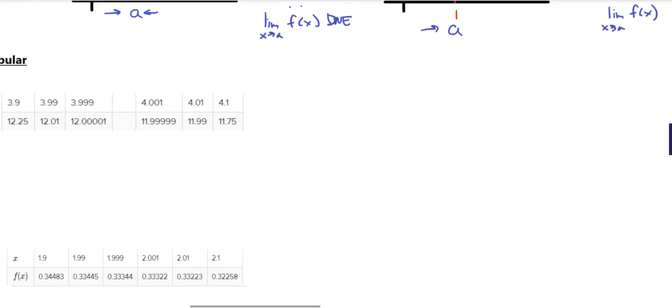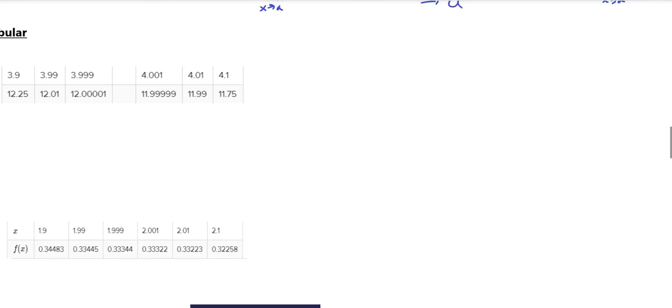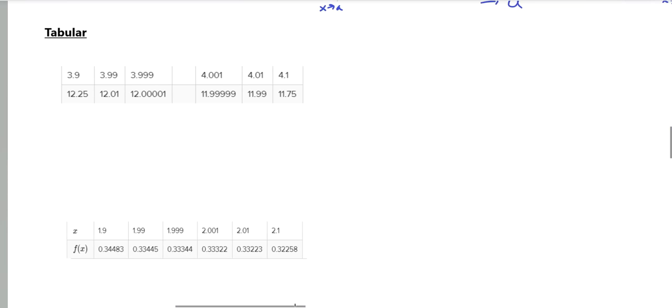Now we're going to take a look at how to analyze them from a table. So in this case, we're given two tables. It's not labeled, but let this be x, let this be f of x. So we're concerned about what is the limit as x approaches 4 of f of x, all right?